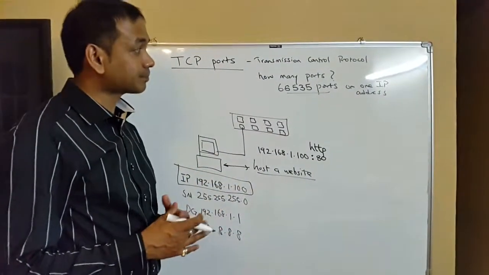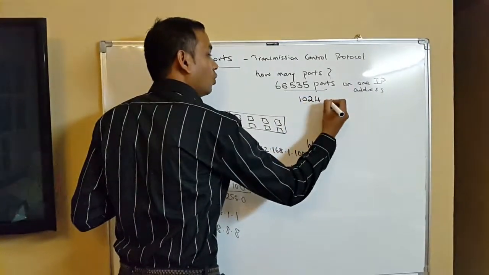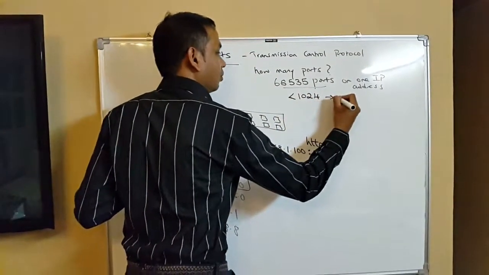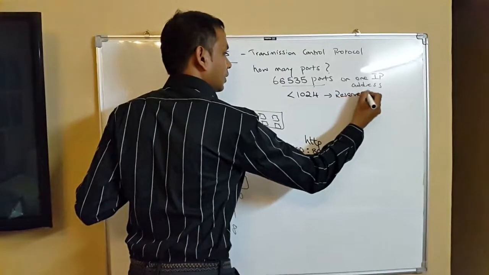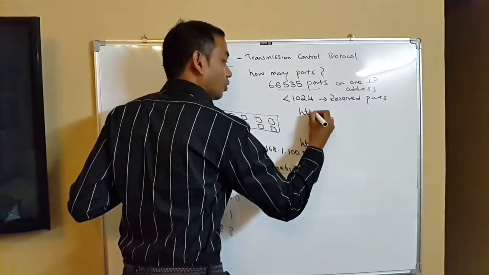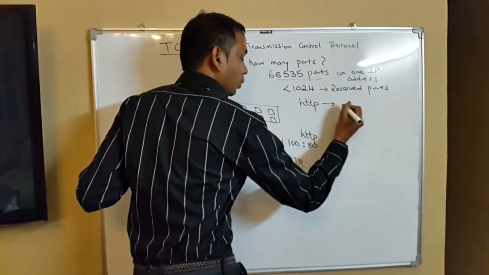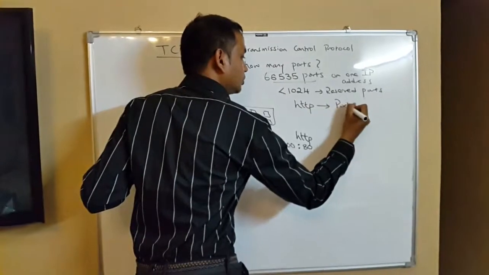Those ports, all ports that are below 1024 are normally reserved ports. For example, if there is a website running on a PC, HTTP is a website, it uses port 80.